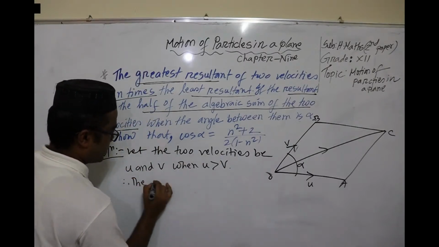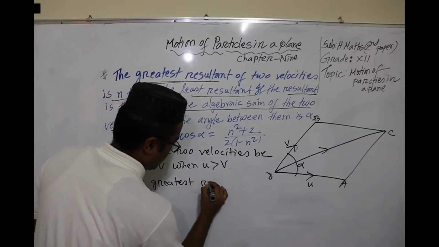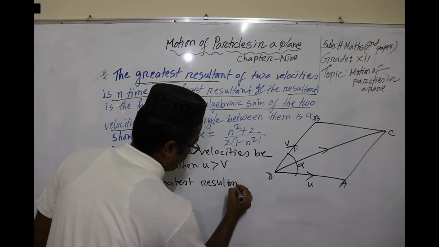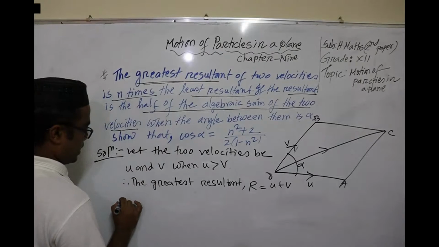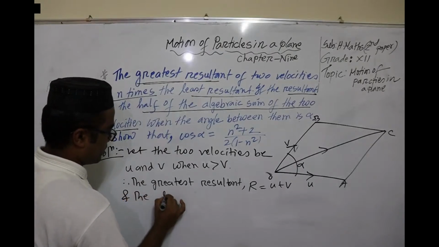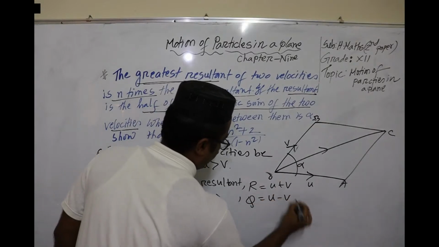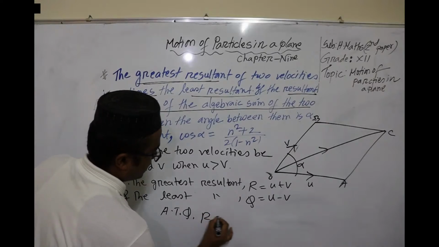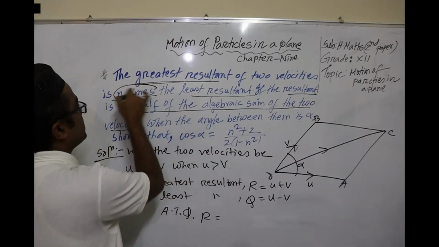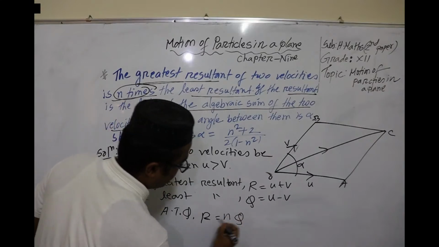Therefore, the greatest resultant you can consider equal to u plus v, and the least resultant q equal to u minus v. According to the question, R equal to n times the least resultant, means R equal to n multiplied by q.